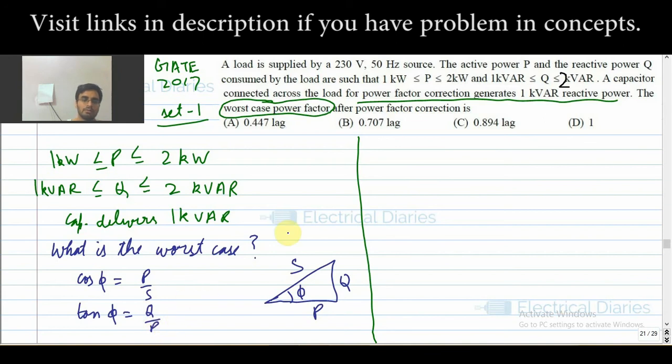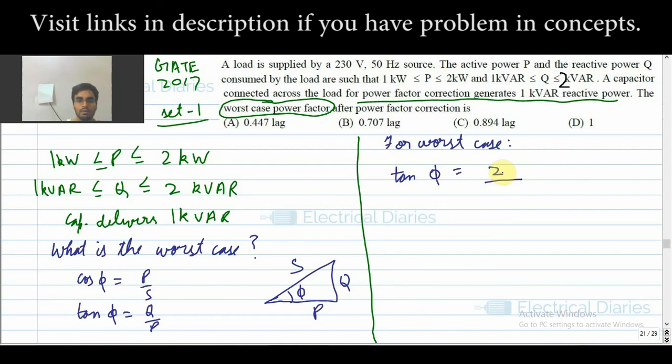Okay, so just using this logic only, for worst case, your tan phi will be equal to, okay, so see you cannot keep your Q as 1 because 1 will be compensated by this capacitor. So you have to keep your Q 2, so that only 1 kVAr is compensated by capacitor and the rest 1 kVAr the load is taking from the source. So that is why your power factor is going down.